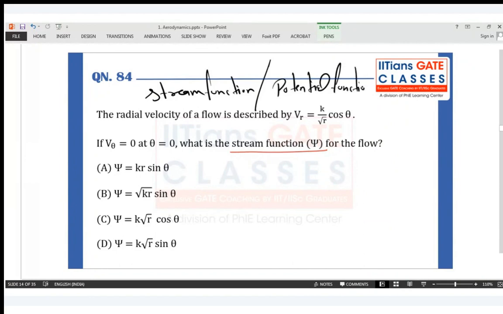Okay, please revise these two topics. They're very simple topics, very simple. There's nothing complicated in the topics. So once you read it, maybe in a 3-4 hour span, you can finish them. Okay. So let us see.